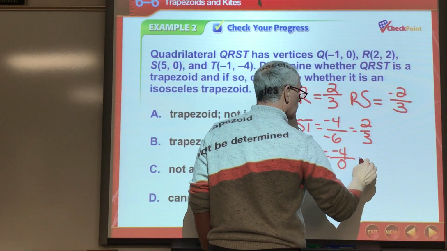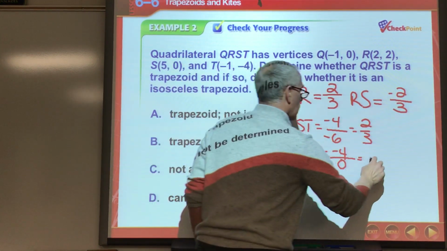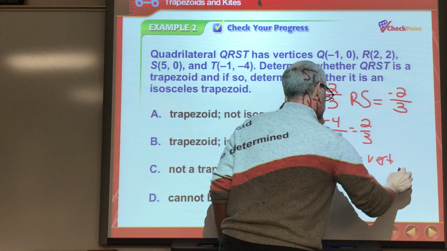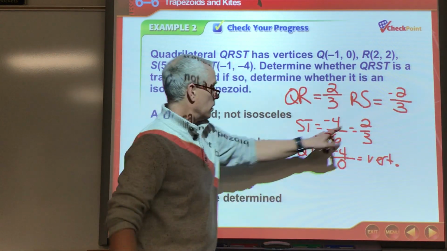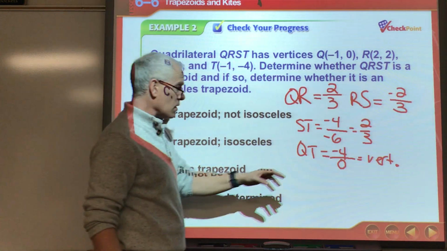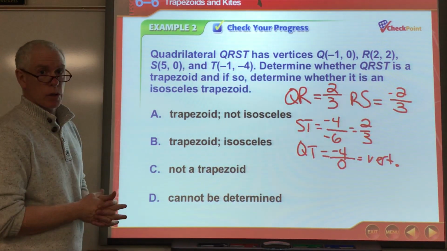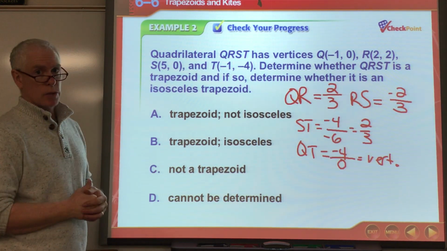That means an undefined slope or a vertical line, okay? I'll just put vert for vertical. Well, these two here have the same slope, which means they're parallel. And the other two do not. One's a vertical line, one's negative 2/3 for a slope, so they're not parallel. This is a trapezoid, for sure.